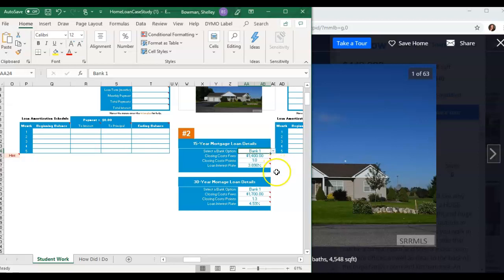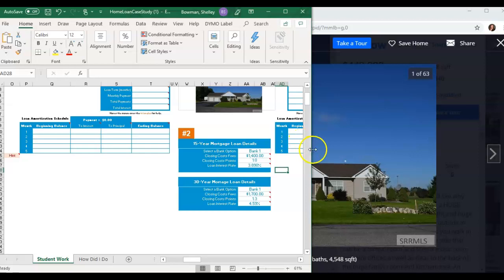The one thing I do want to make note of is that you do the exact same bank for both so that you can do a compare and contrast between the ending balance or the amount of interest here in the 15-year and the amount of interest here, and the only difference will be the interest rate and the mortgage details, not the bank, so that you don't throw in another variable for comparison.